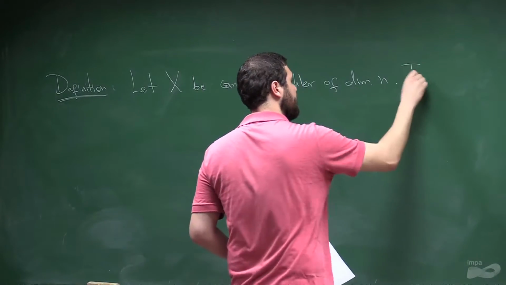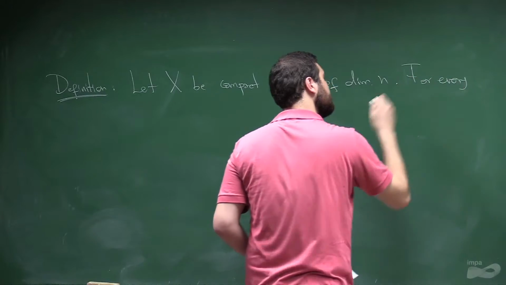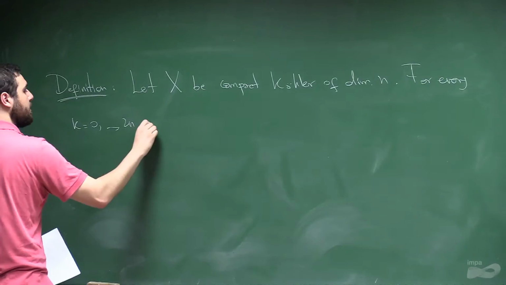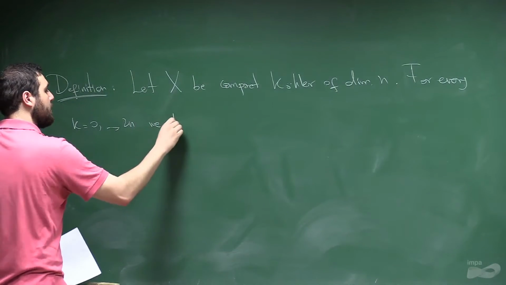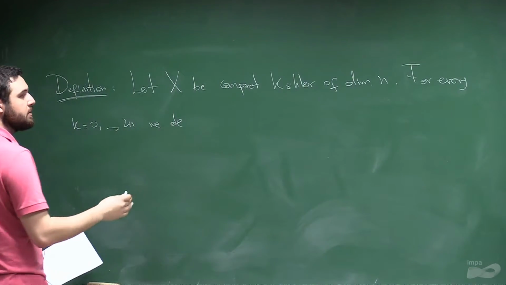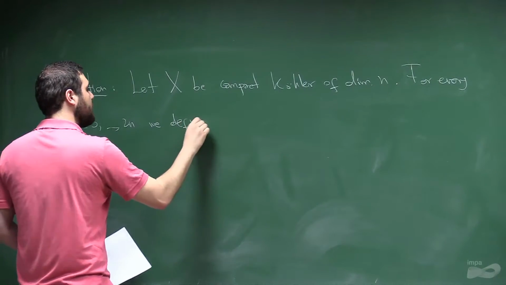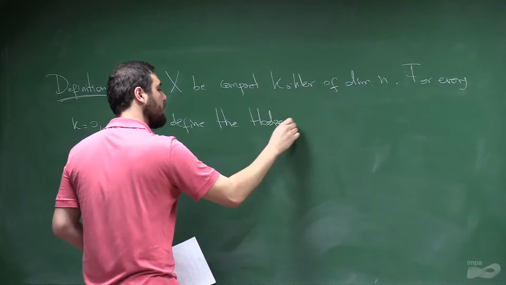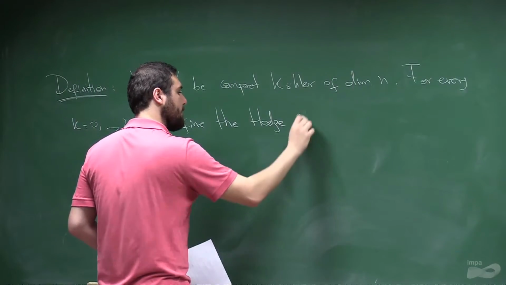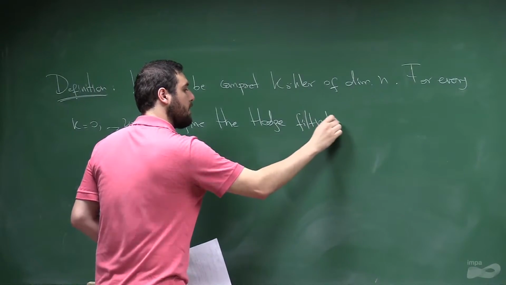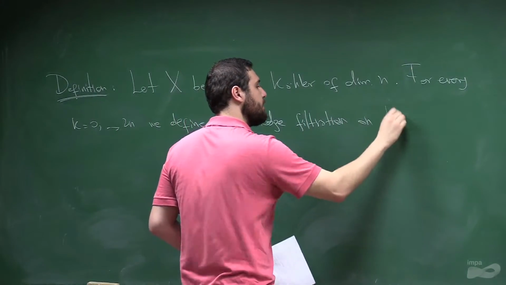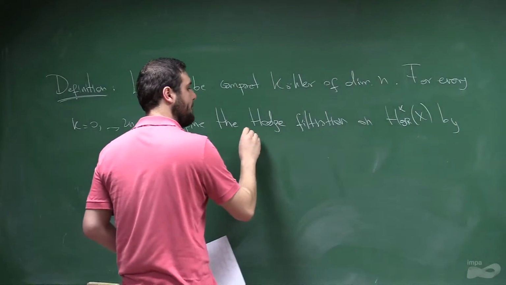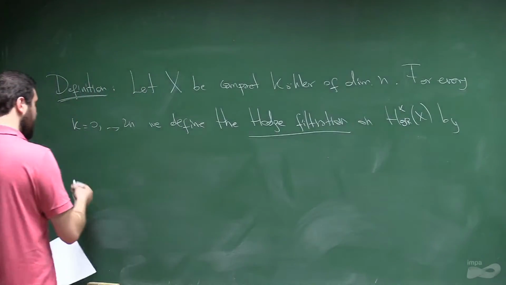Then for every k equal to 0 up to 2n, we define the Hodge filtration on H^k as the following filtration.